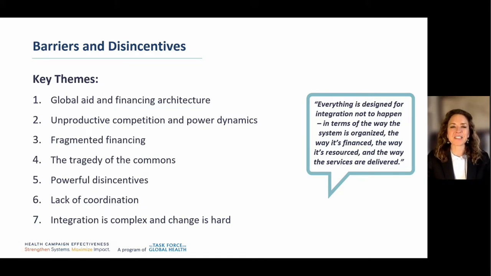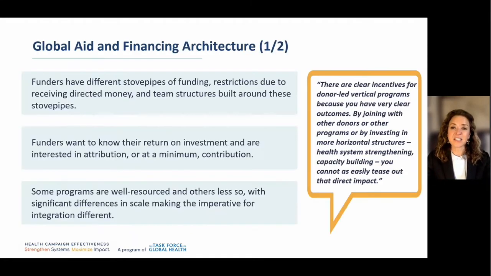The first theme relates to the overarching global aid and financing architecture. This is not unique to campaigns and relates broadly to vertical programs. There are fundamental issues in the way global health is structured and financed, which enforce verticalization and fragment the system.